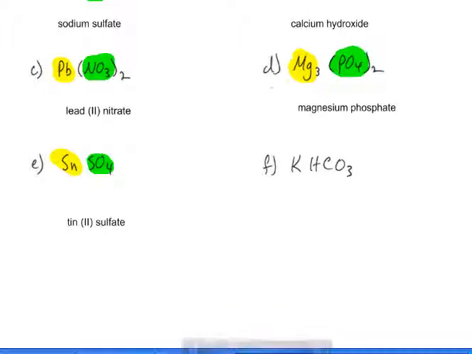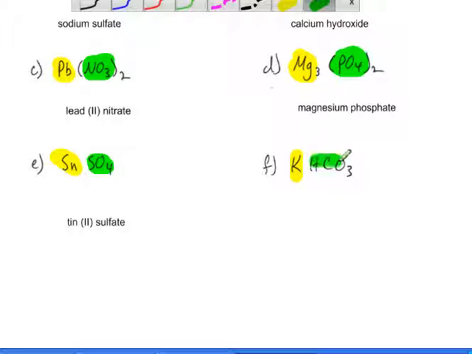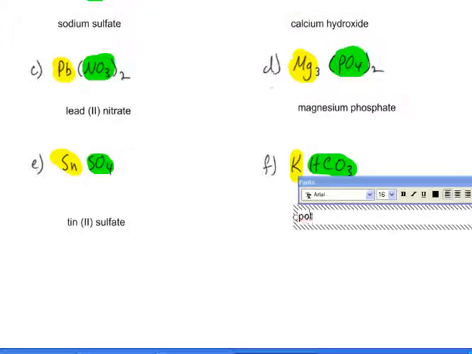Lastly here, we have K. So you can see here, I'm just getting the first metal. So I know the H doesn't pair up with it because I'm just simply looking at the first element. And then HCO3. K, if you don't remember that, is potassium. It has a positive 1 charge.